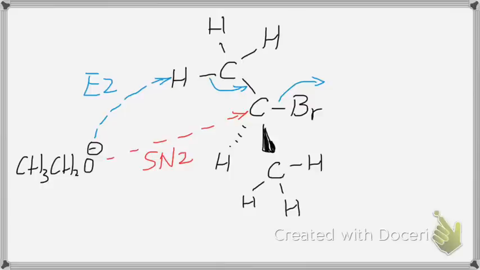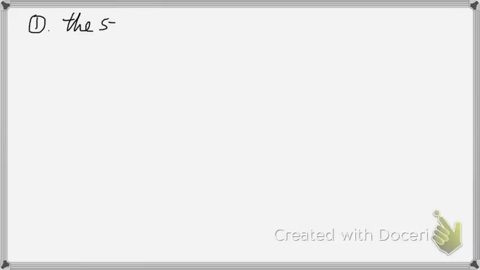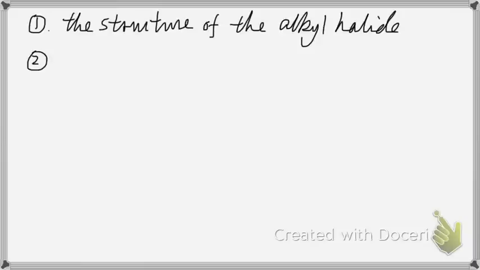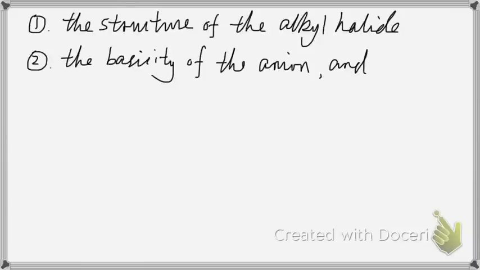Okay, so keep that in mind. So the structure of the alkyl halides will have a major effect on which reaction will dominate, as well as the basicity of the anion and the size.